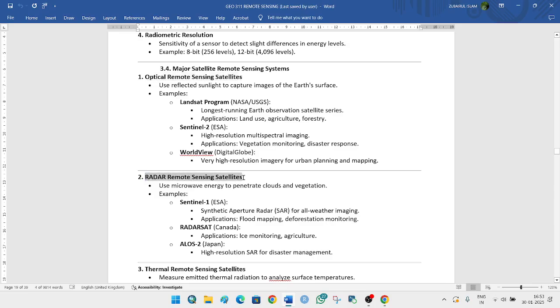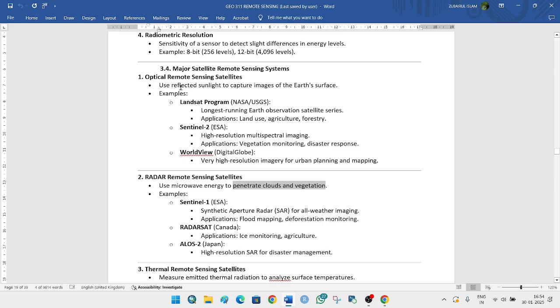This is radar here. Radar is microwave energy. See the difference here. Optical remote sensing using the wavelength minimum maybe 0.4 and maximum maybe 11 micrometer or 10 micrometer, right? But the radar remote sensing uses longer wavelength. So longer wavelength can penetrate the clouds and vegetation.